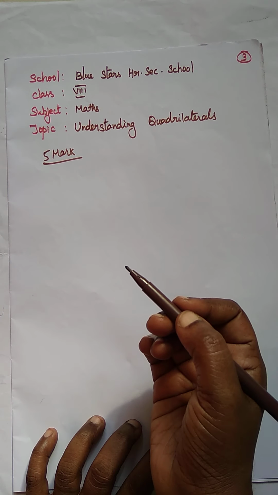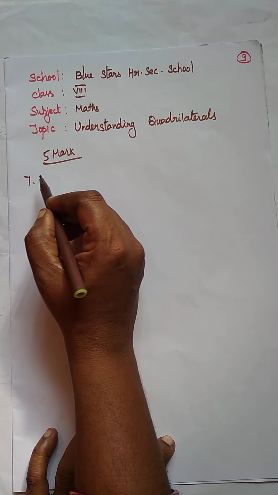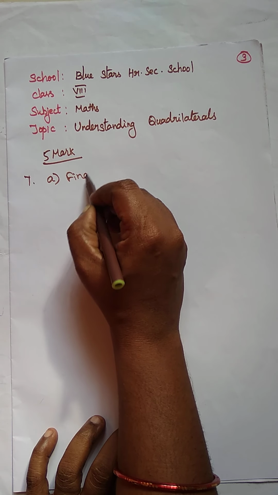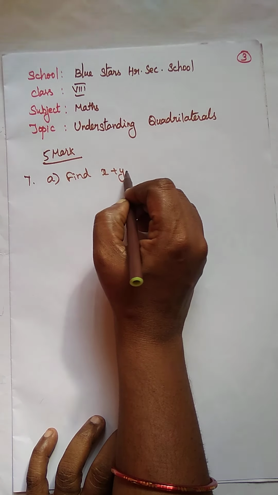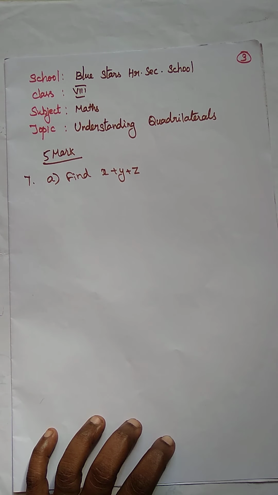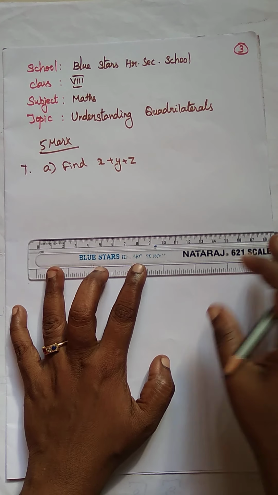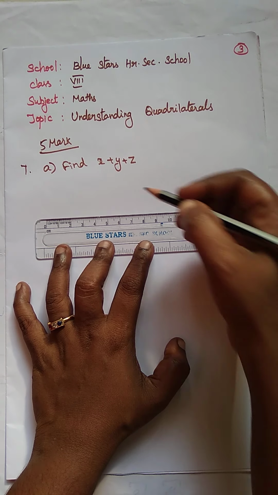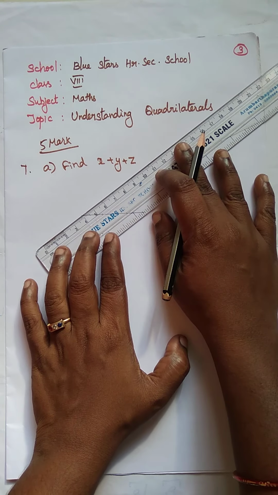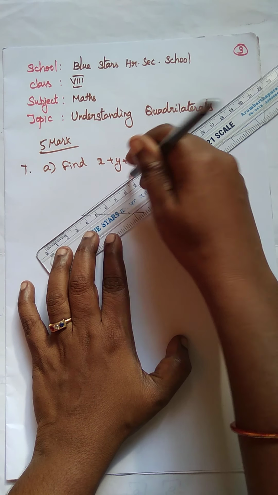In the 5 marks questions, that is question number 7, first subdivision: find x plus y plus z. First we draw the diagram, and we find the exterior angle of that.